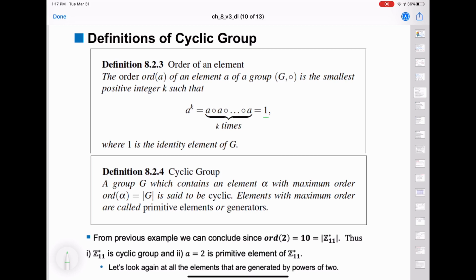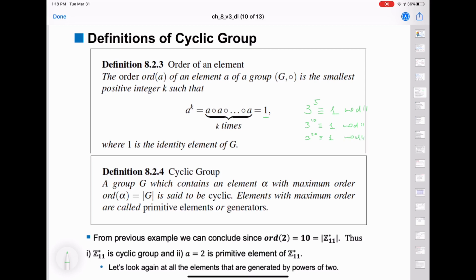For example, we get 3 to the power of 5 is equivalent to 1 modulo 11. Yes. Also, 3 to the power of 10 is also congruent to 1 modulo 11. Also, 3 to the power of 20 is also 1 modulo 11.